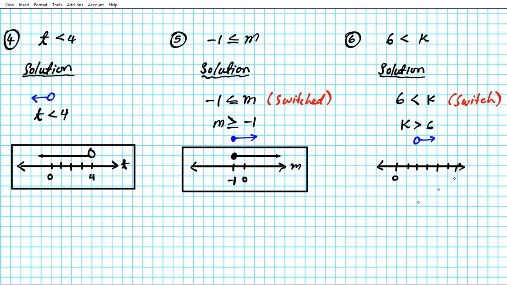So we have a k down here, and this is 6 right here. We're going to have an open circle for this, and everything to the right of 6. So there goes your answer for question number 6.